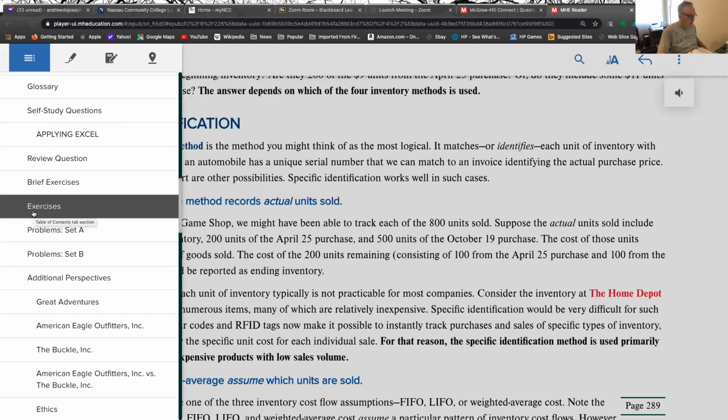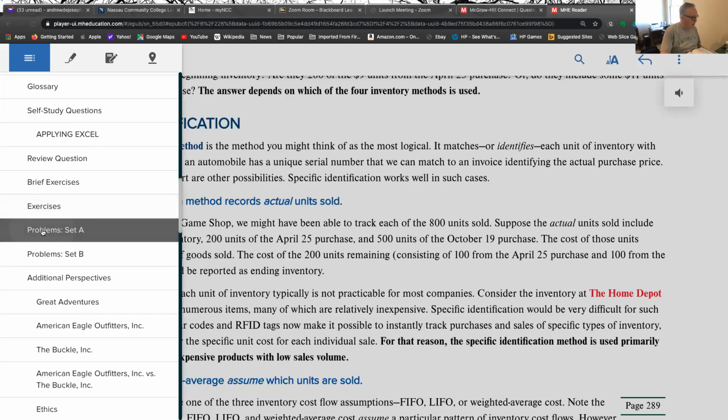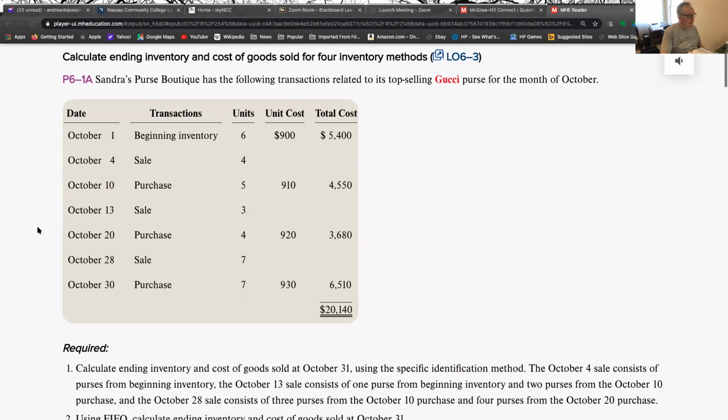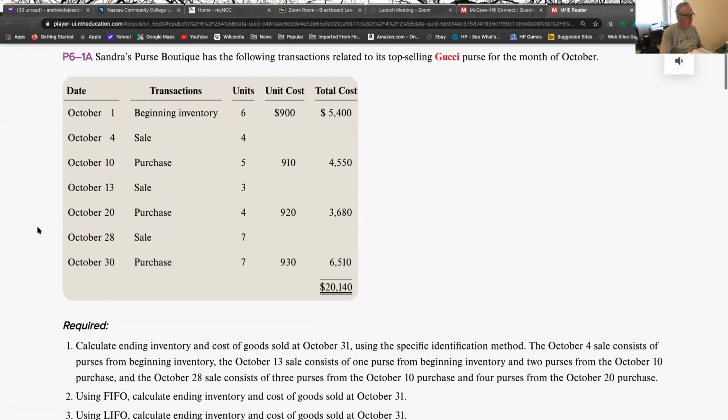Okay. So we're going to do now problem 1, and we kind of saw this earlier. Sarah's Purse Boutique has the following transactions related to its top-selling Gucci purse for the month of October.